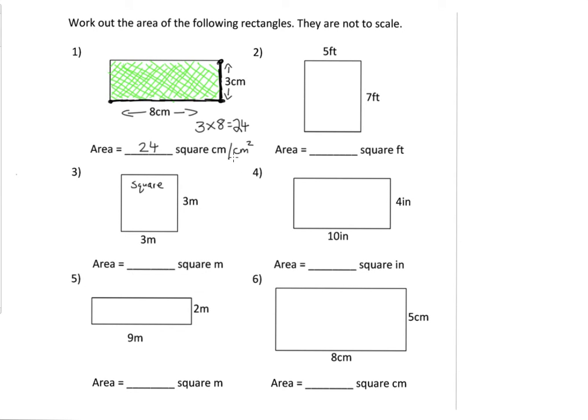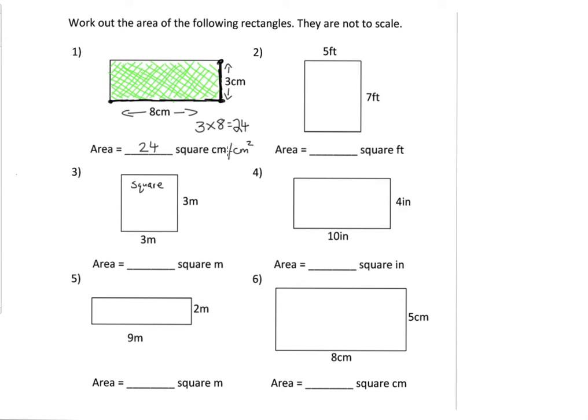Think back now, have you ever heard of square miles or square kilometers, or miles squared? Like when you describe the rainforest in the Amazon, it's thousands of miles squared or thousands of kilometers squared, how big the rainforest is.